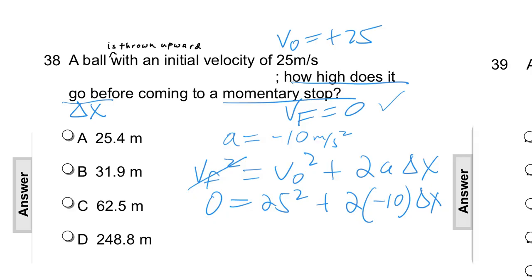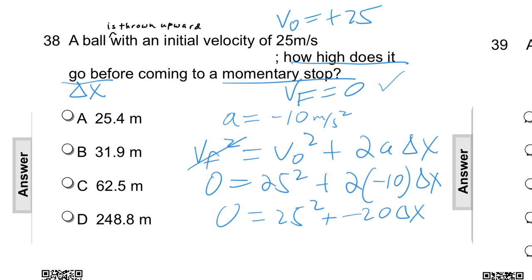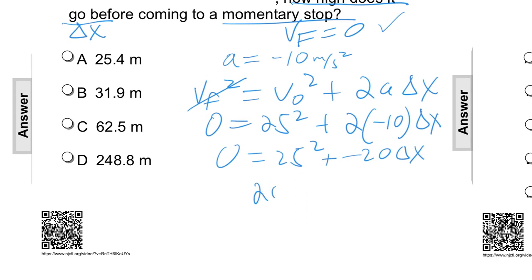Okay, so let's figure this out. So negative 20 delta X, 25 squared. So let's get 20 delta X to the other side. Add 20 delta X to both sides, so I get rid of that negative.